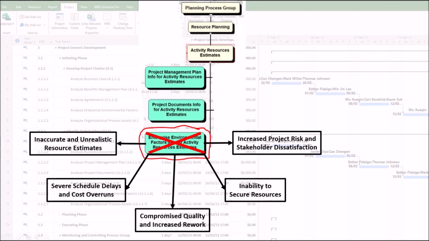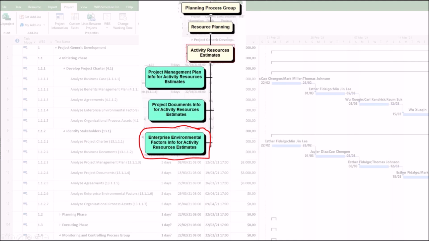In conclusion, enterprise environmental factors provide the ground rules for your project. By thoroughly considering them, you create resource estimates that are not only accurate but also actionable within your specific organizational and market context. In essence, the estimate activity resources process is not just a mathematical exercise of matching tasks to resources.